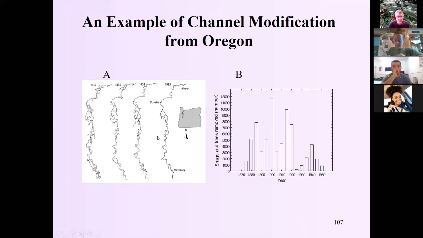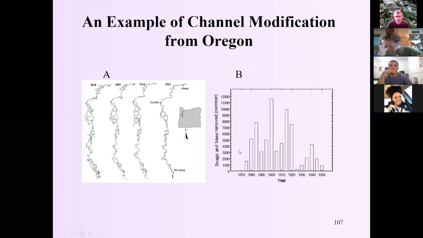And by 1995, you can see there's a substantially simpler stream channel than there was in the 30s. This is related to management, putting in levees, channelizing, and also the Army Corps of Engineers spent a lot of time simplifying and opening channels so people could move up and down the river as well as for transportation.